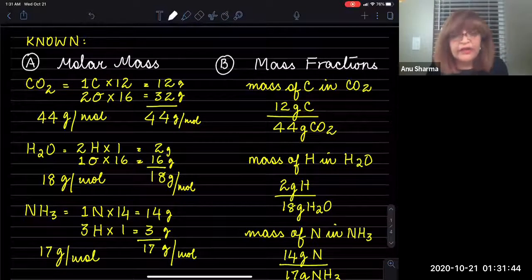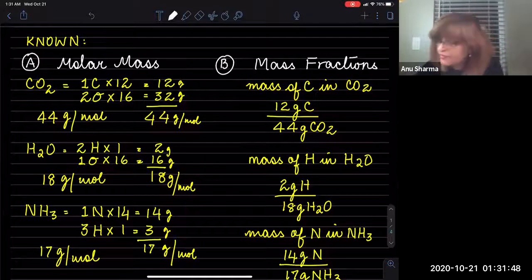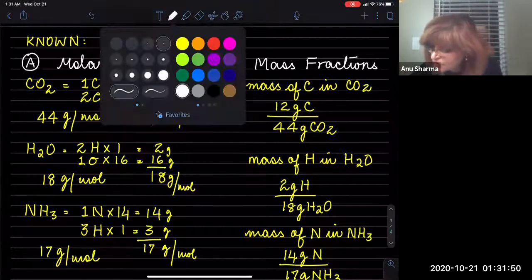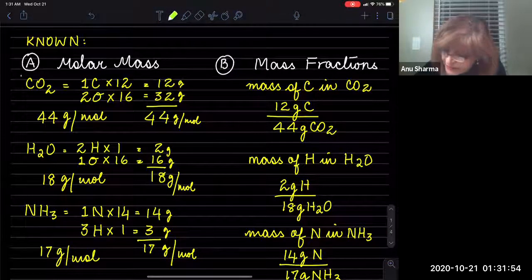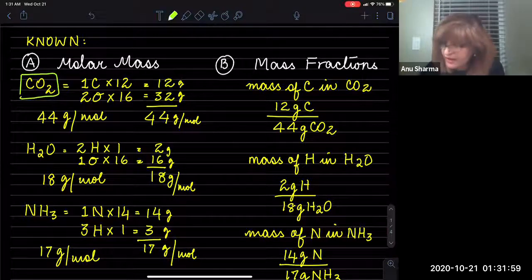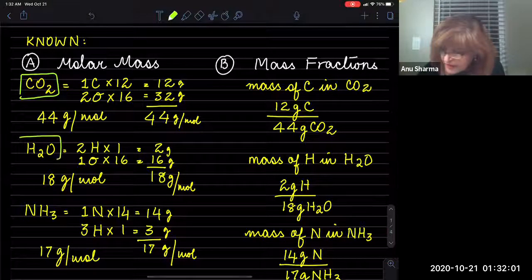You already know how to calculate the molar mass. So here you are going to write down the molar mass. Just write these down in a separate place: the molar mass of carbon dioxide, the molar mass of water, and the molar mass of ammonia.